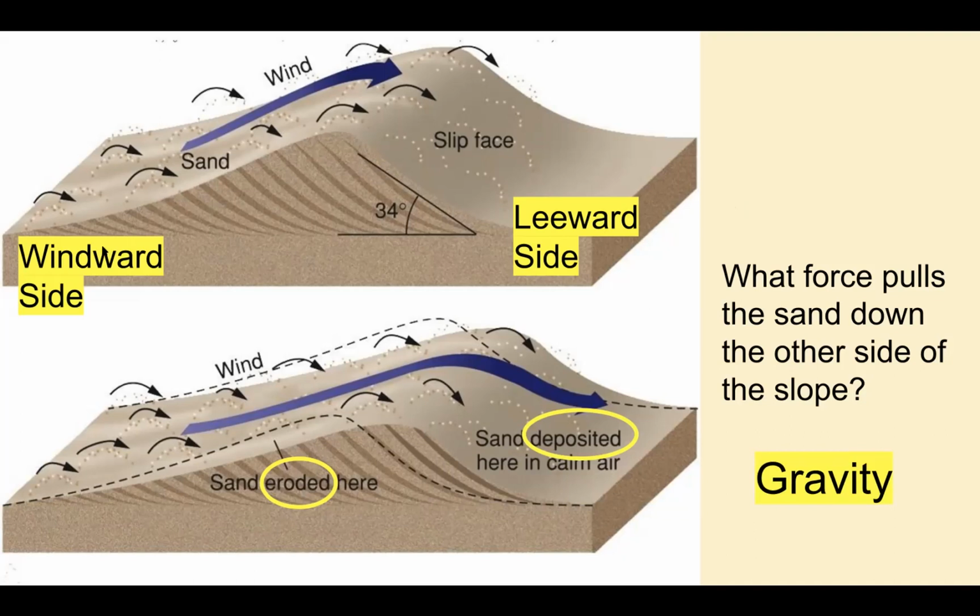So we have the windward side, which is actually the larger and longer side of the sand dune. And then we have the leeward side, which is the opposite side that the wind is blowing. So we know that again, sand is eroded, it's moved, and then sand is deposited, it's dropped in a new location to form our sand dunes.